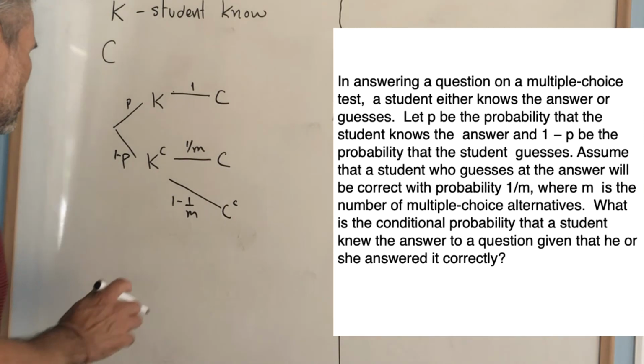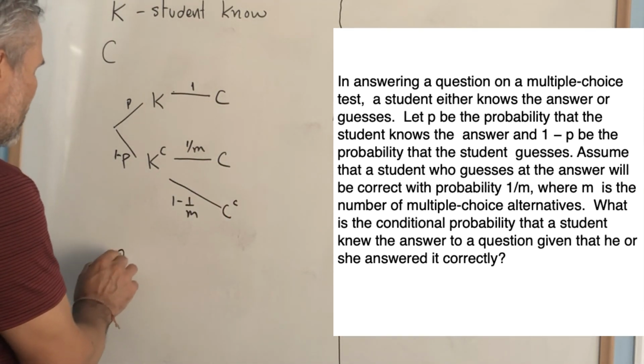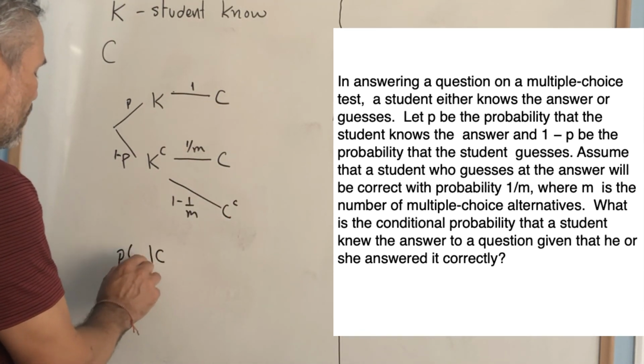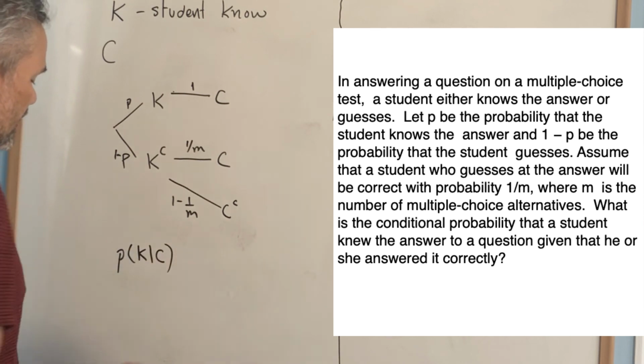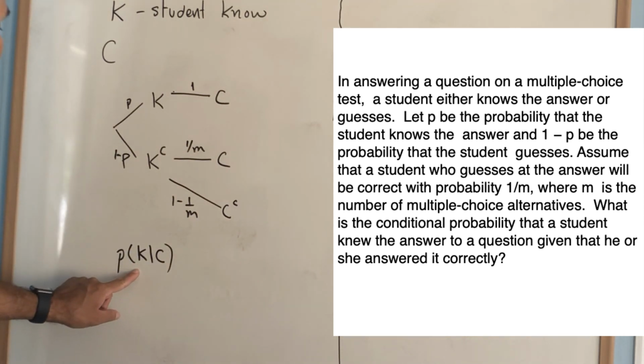Then the question here is, if we know that the student answered correctly, what is the probability that he knew how to solve the problem?